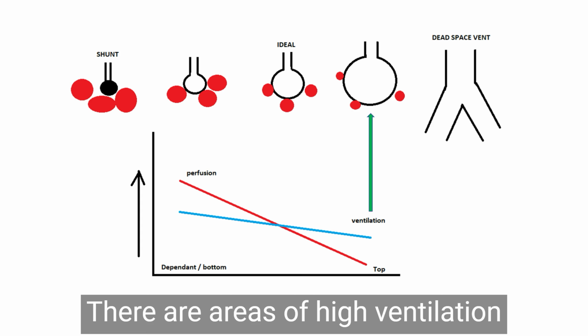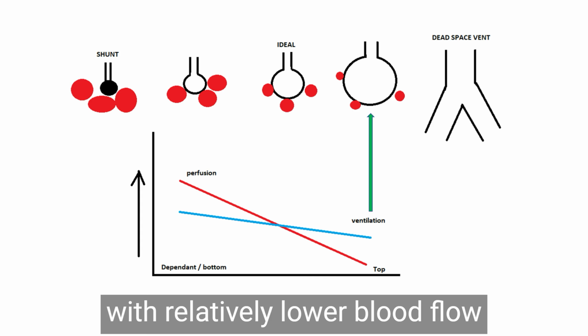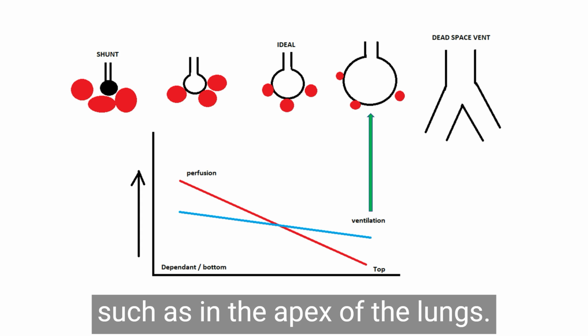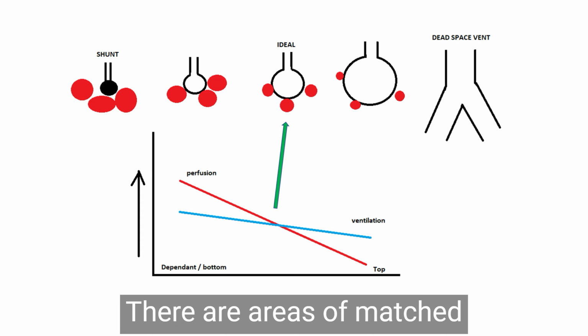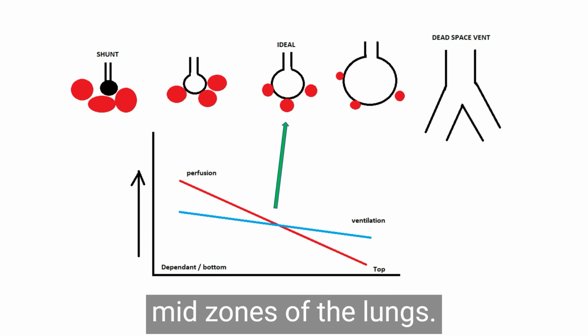There are areas of high ventilation with relatively lower blood flow, such as in the apex of the lungs. There are areas of matched ventilation and blood flow. This is normally in the mid-zones of the lungs.